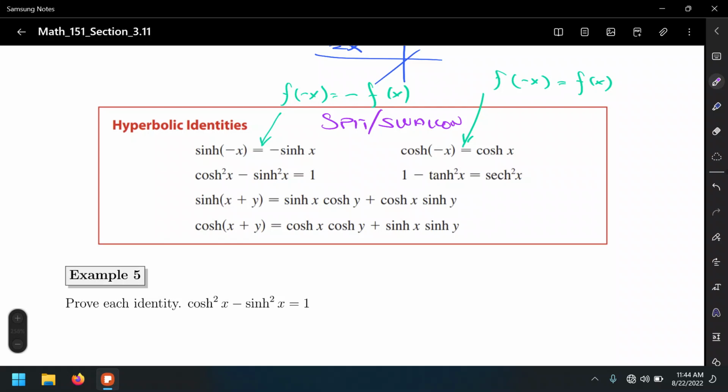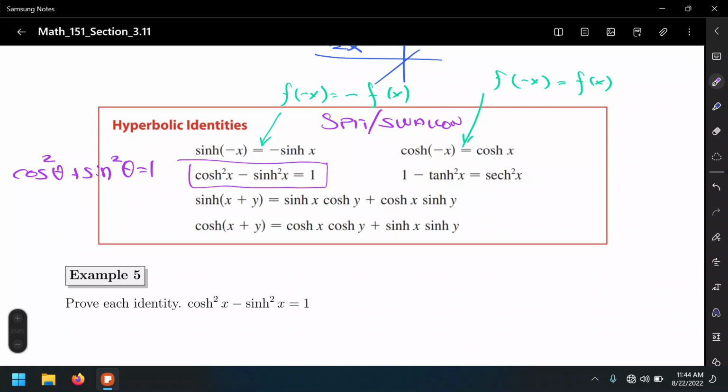There is another very interesting one right here: cosh squared minus sinh squared. It might look familiar from another trigonometric identity, and that is cosine theta quantity squared plus sine squared theta equals 1.